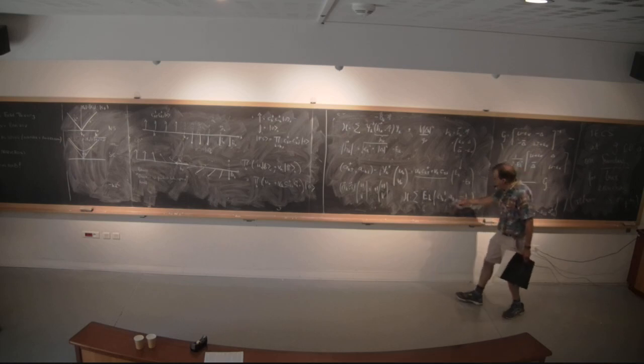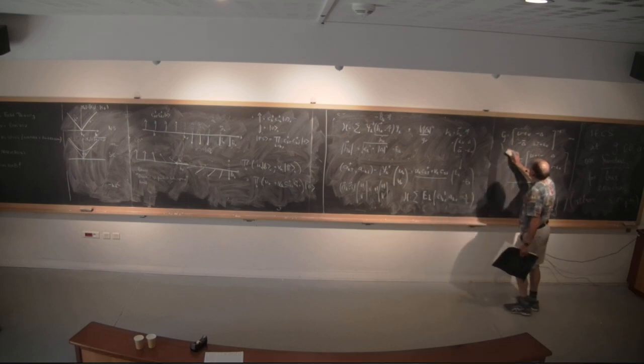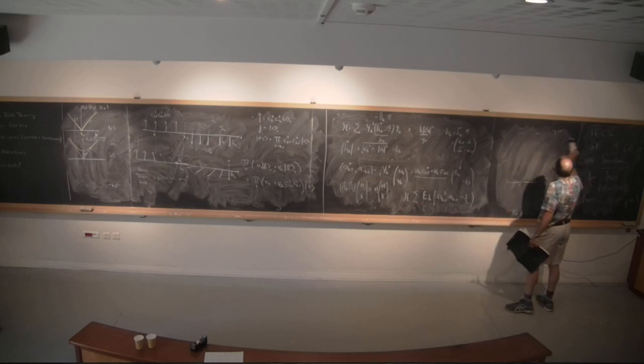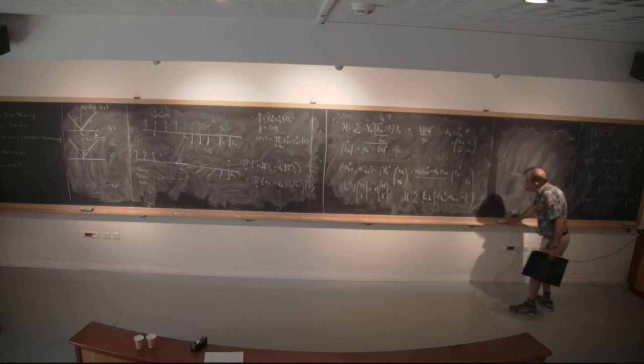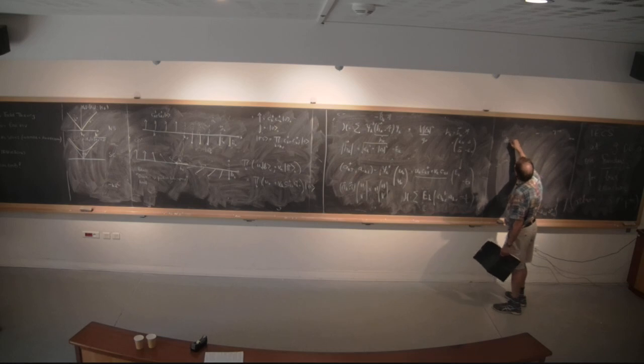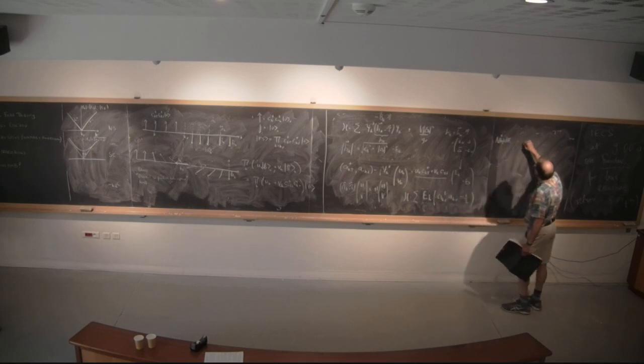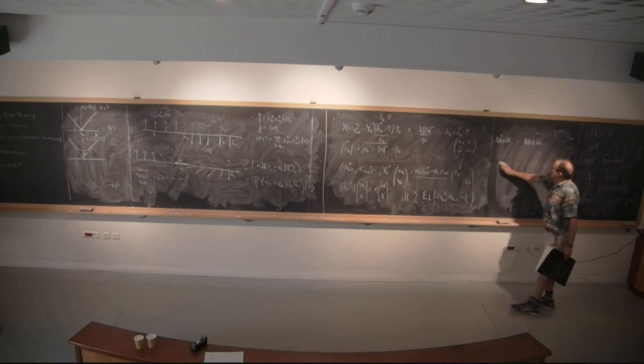What is the density of states of these eigenstates? We can work that out, and we're going to stop on this thing here. We know that dE times the new density of states of the quasiparticles must be the old density of states near the Fermi surface times d epsilon.